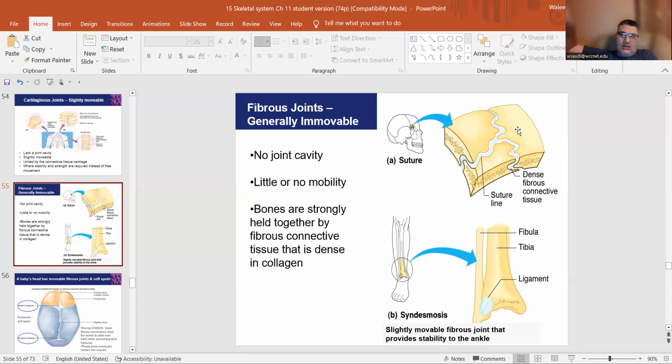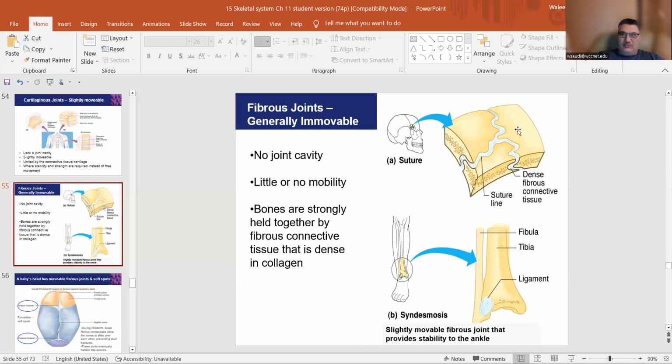Because in newborns and babies, at this joint in between, when these bones come together, there is no fibrous tissue yet, so it can be moving. Of course, don't do that. But if you hold a newborn and push a little bit on these bones, they will actually move. But this is not the rule. I'm talking about adults now.